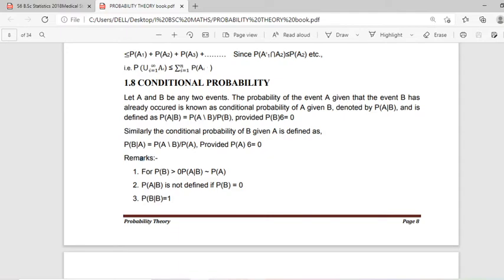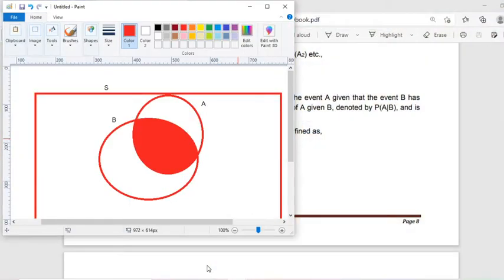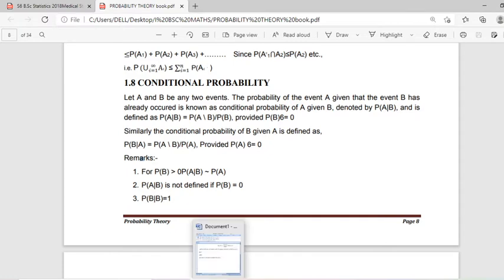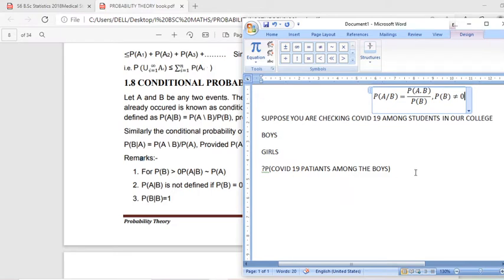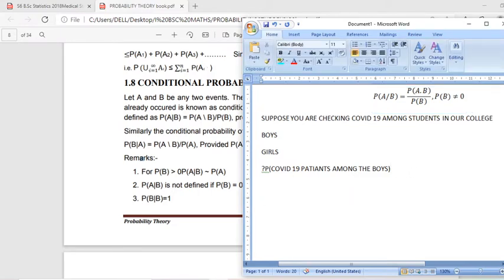Suppose we are finding the probability of A after event B occurs, and the probability of A before B occurs.